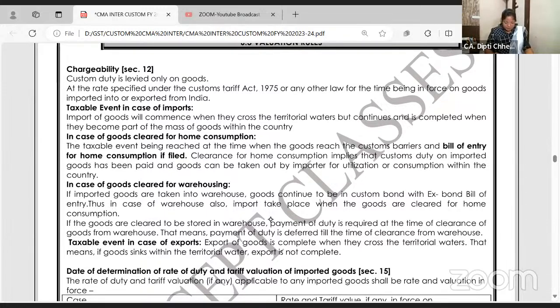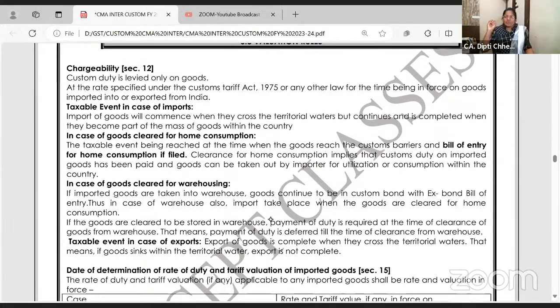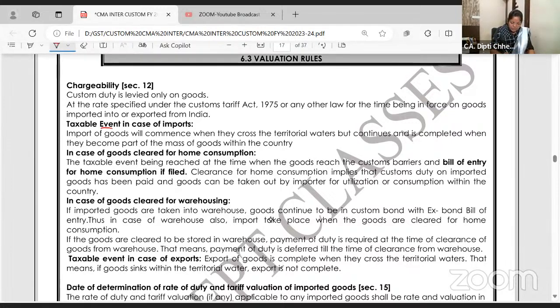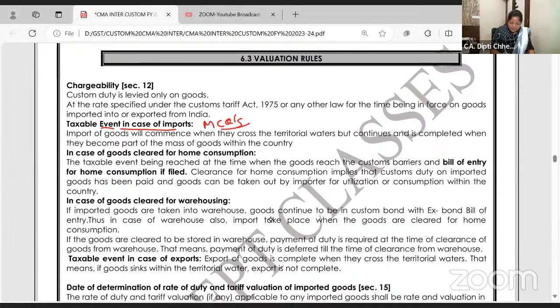Okay, now two to three things are very important. So we will understand, we will learn it, and we'll write a note for it also. What is the taxable event in case of import? This is being asked, dear students, as MCQs. See, when you import the goods, there are so many transactions. You place an order, they supply the goods.